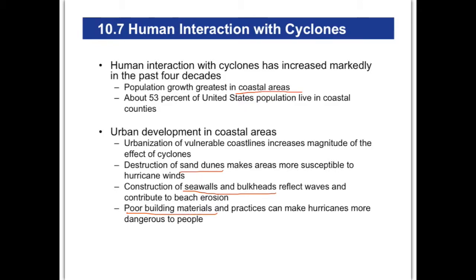It's no secret that coastal, let's say, beach houses aren't the best built. I mean, yes, many of them are built on stilts and stuff, but they're not the most heavy duty.